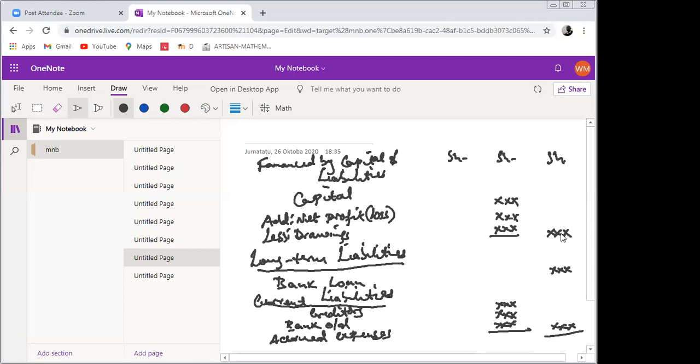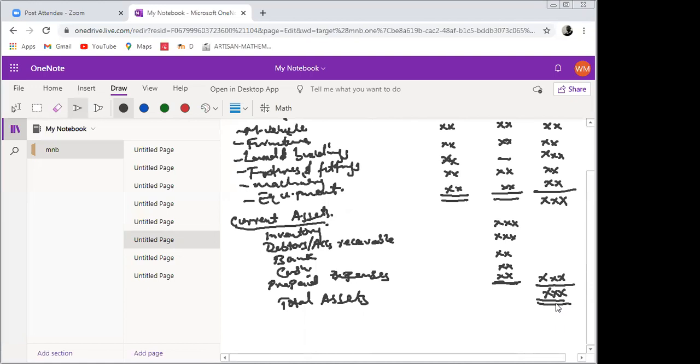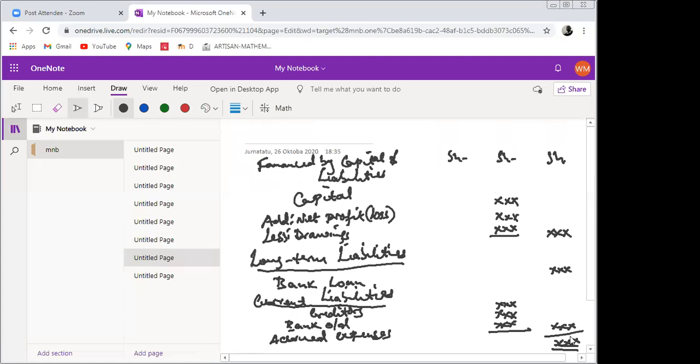Now, if you add the net figure for the capital, you add the long-term liabilities, you add the current liabilities, you are going to get a figure here. This figure that you have here should be the same as the figure that you got under the total assets. This figure and this figure, they need to be the same.